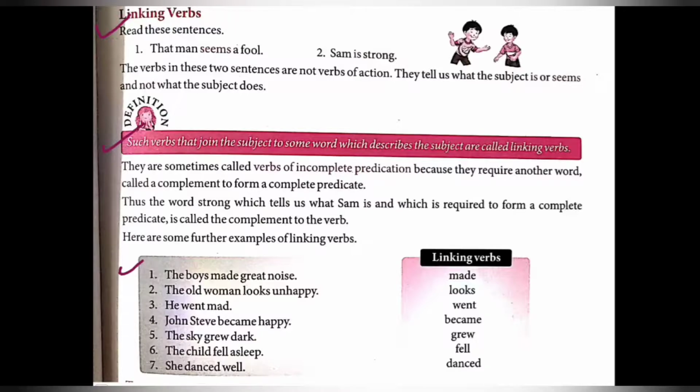The old woman looks unhappy. Here the linking verb is looks. He went mad. Here the linking verb is went. See children, the verb which joins the subject and the rest part of the sentence which describes the subject is called a linking verb.